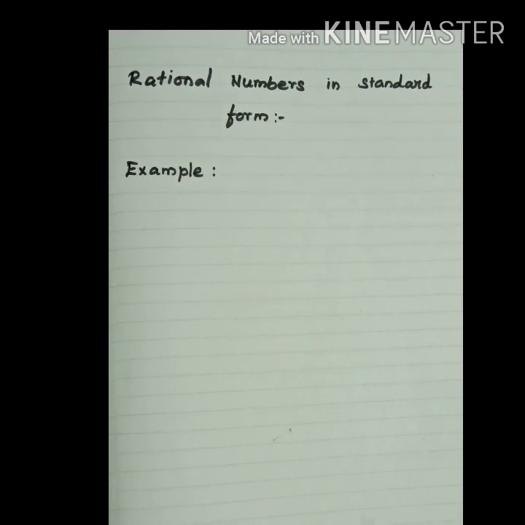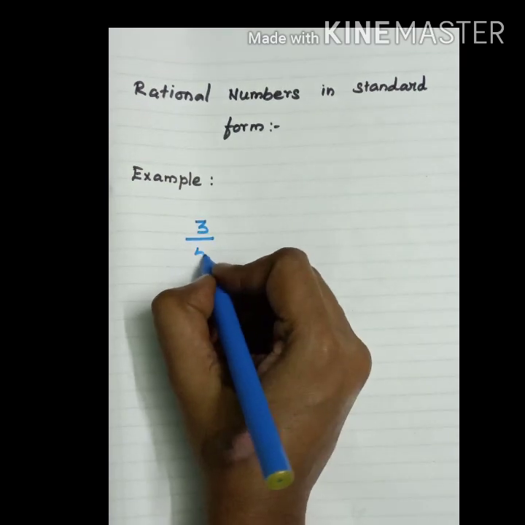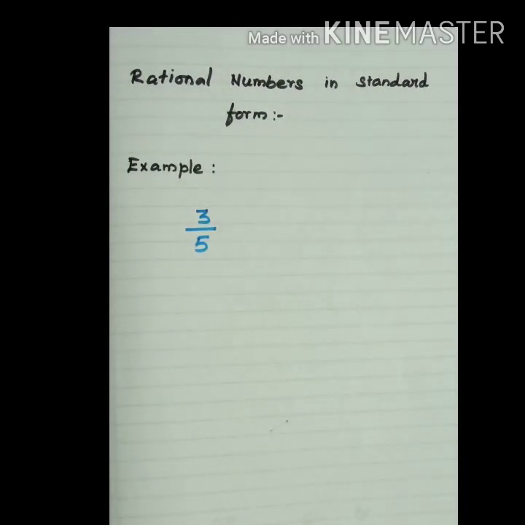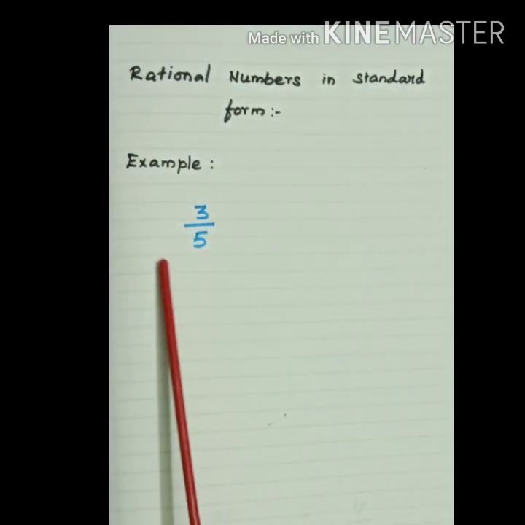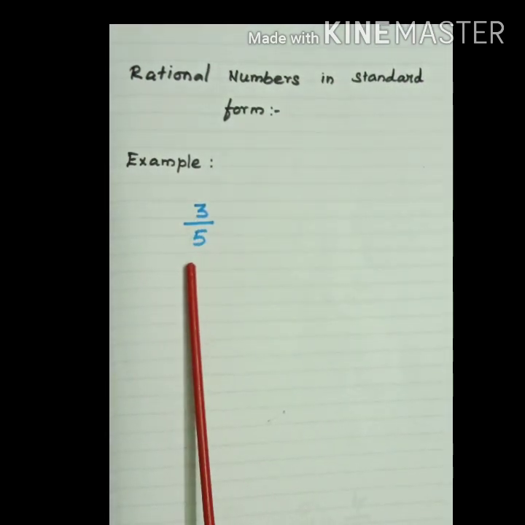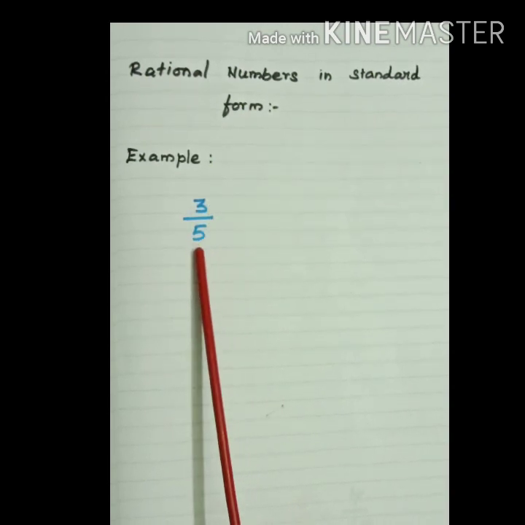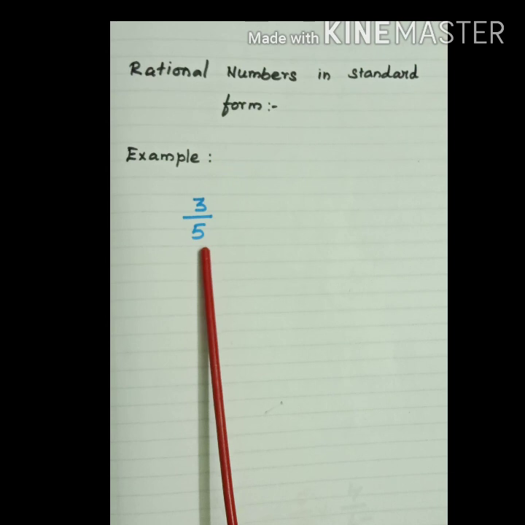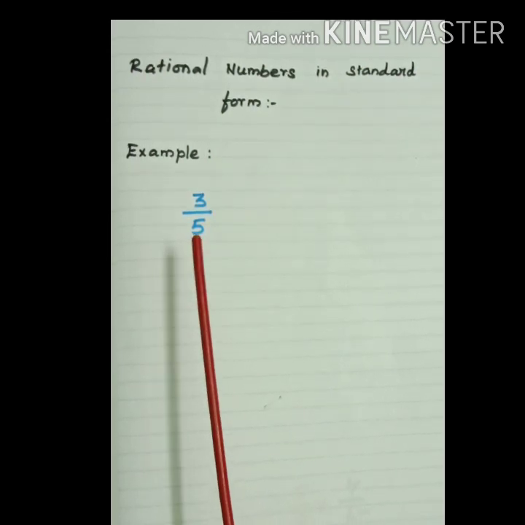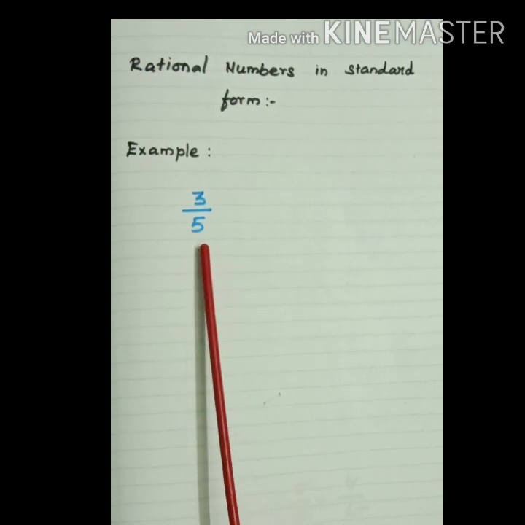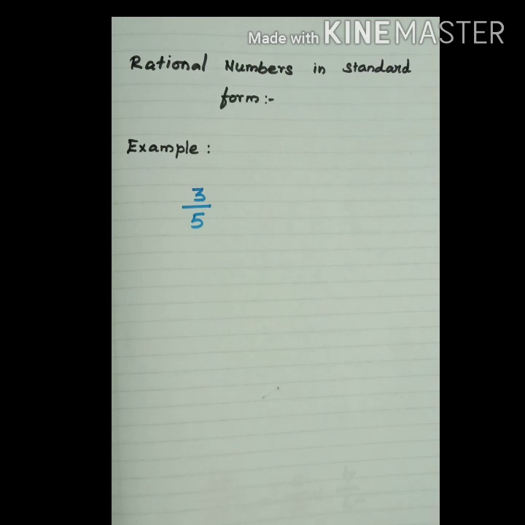Let us take a rational number 3 by 5. While seeing this number itself, you can remember that 3 and 5 are prime numbers. We know that prime numbers are divisible by 1 and itself.